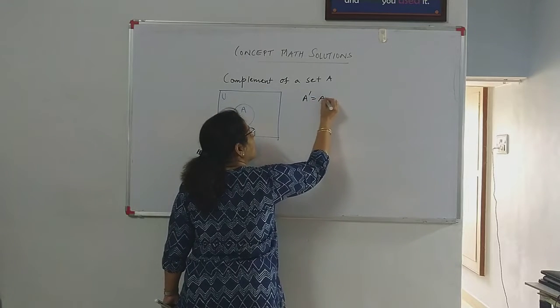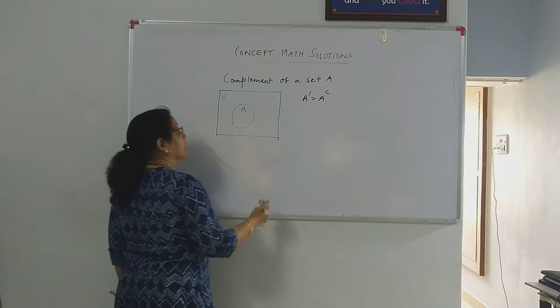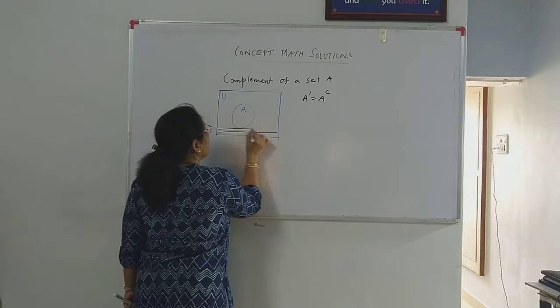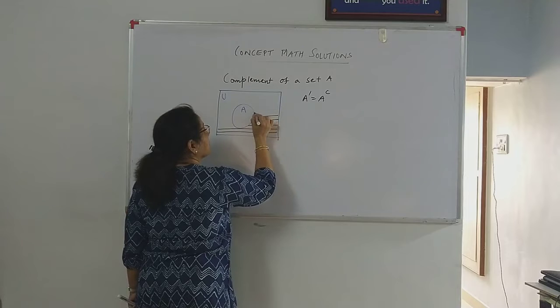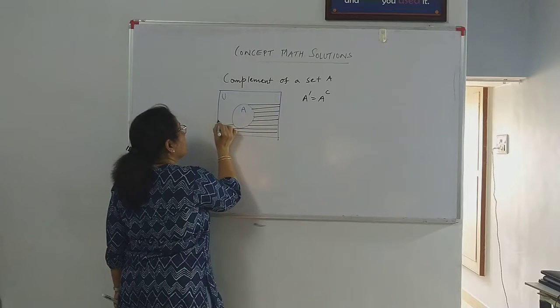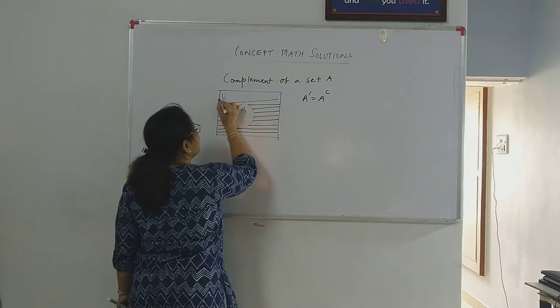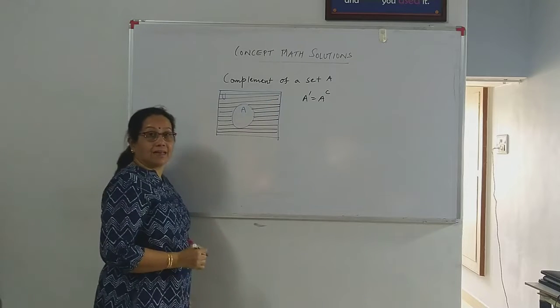Some people also write it like this, C for complement. It is a set which contains all elements other than A. This shows complement of set A.